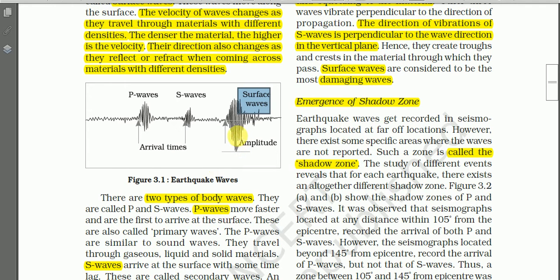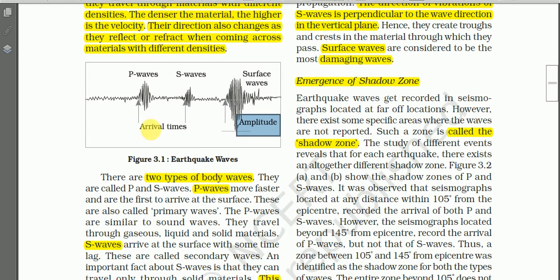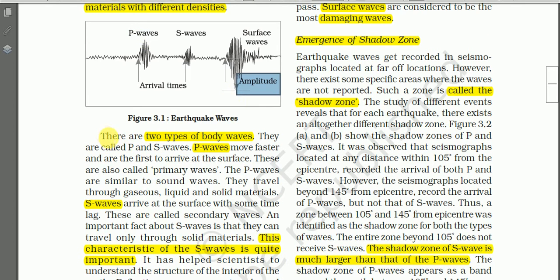And here see, amplitude means half of the wave height. Now let us discuss the different types of waves, the nature of P waves, S waves, and surface waves. See here, there are two types of body waves.